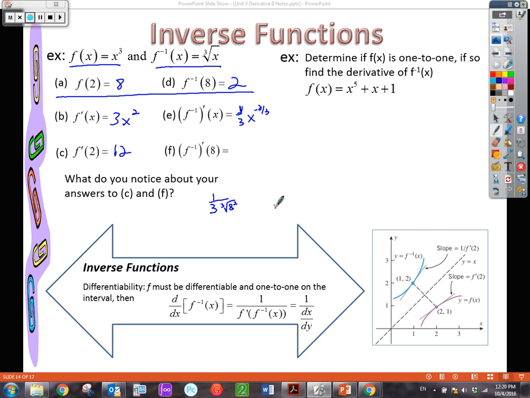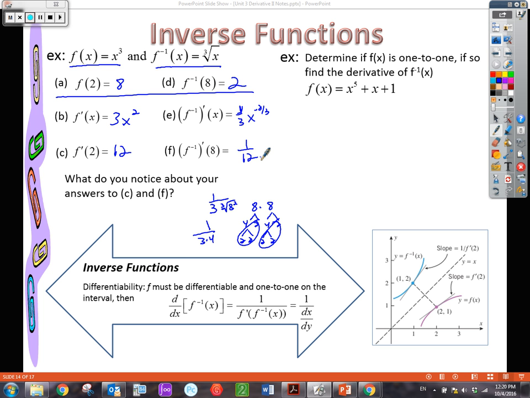Some of you probably have that memorized, but in case it's a bigger number, I would break it down into its factors, knowing that I'm looking for groups of 3. So I have one group of 3, one group of 3, so I know that that's 2 times 2, which is 4. The cubed root of 64 is 4. So I have 1/3 times 4, or 1/12.